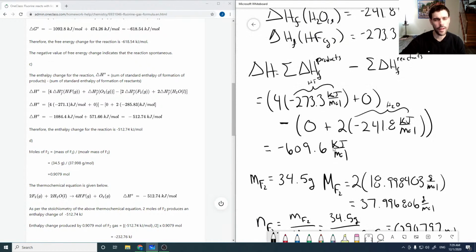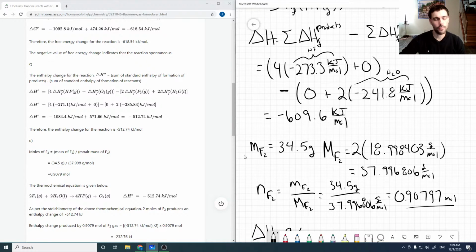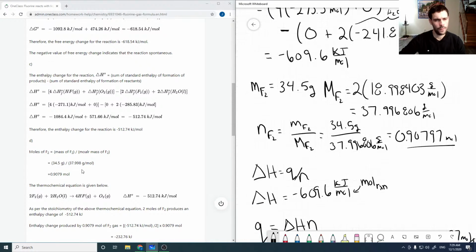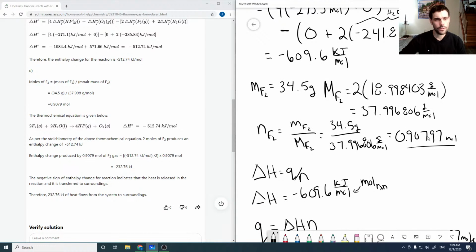And so again, our values are going to come out quite different because our delta H's of formation that we had looked up were quite different, but that's okay. Solving for the number of moles, so that looks good.